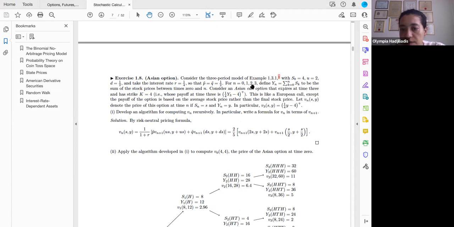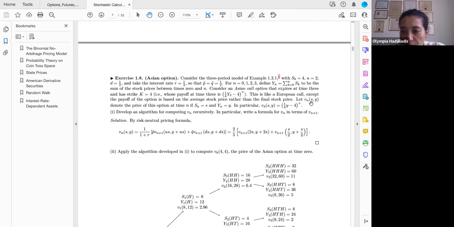For n equals 0, 1, 2, 3, we define Yn to be the sum of Sk, k equals 0 to n, the sum of the stock prices between times 0 and n. We consider an Asian call option that expires at time 3 and has strike price K. This is like a European call, except the payoff of the option is based on the average stock price rather than the final stock price.